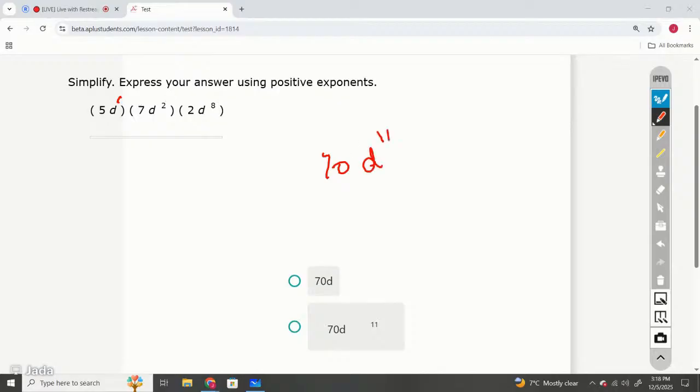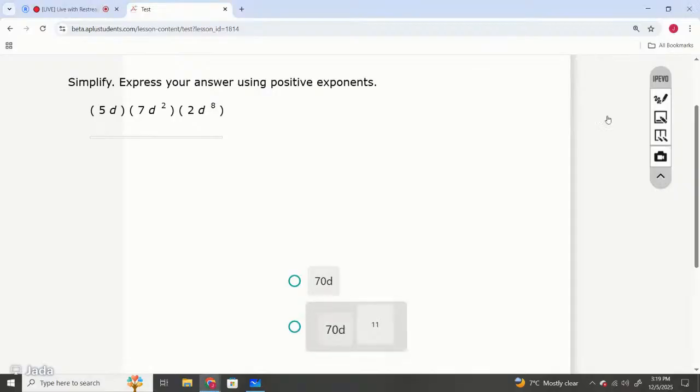That is 38. That is 70 D^38. Option number 2 is the correct option.